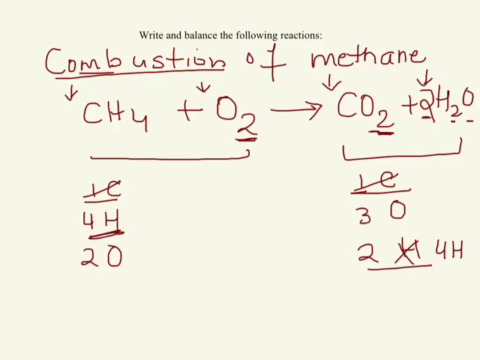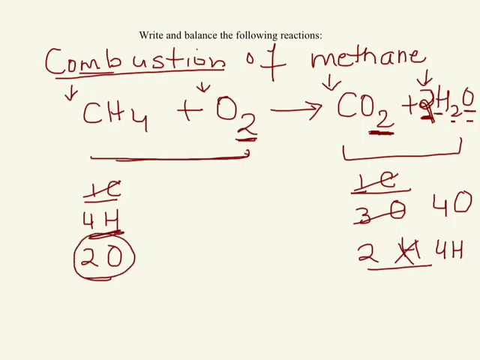Now by putting this 2 on the front, you change the number of oxygens here, because the number on the front applies to each and every element. So now this made it 2 times O, 2O, and we have 2 here, 2 plus 2, 4. So we have 4 oxygens here. On this side we have 4 oxygens, on this side we have 2 oxygens.